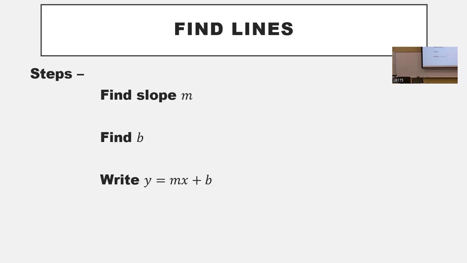So I'm always going to start by finding the slope in some way, shape, or form. And then finding the b value, that's the y value of the y-intercept. And then if I have the m and the b, then I know the equation can be written as y equals mx plus b.